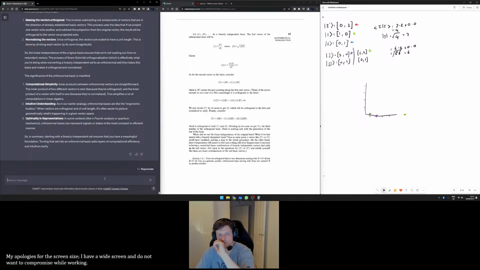So let's think about one that's dependent. Can you give me an example with really small whole numbers of a linearly dependent basis, please?